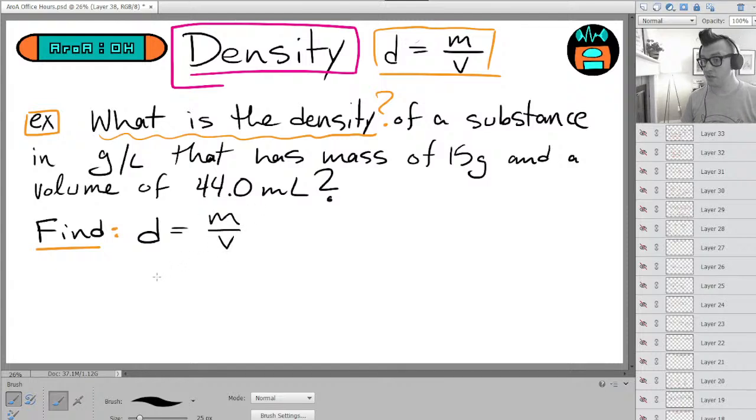This is clutch because you're after density, which means if you can find the mass and you can find the volume, then you will be able to calculate the density. That's step one. Step two, let's look at what we're given.